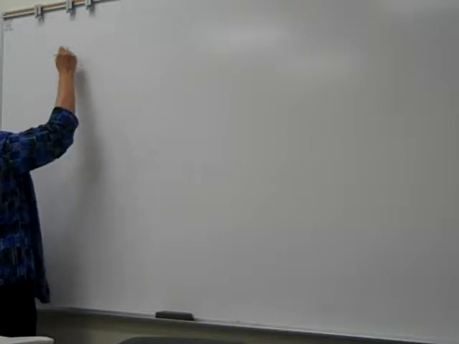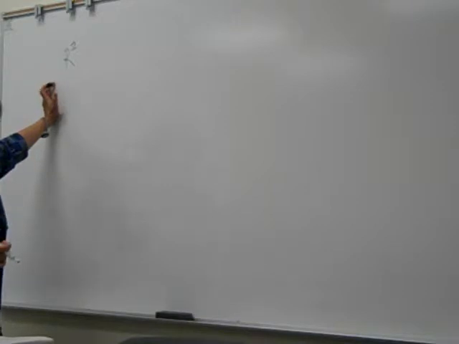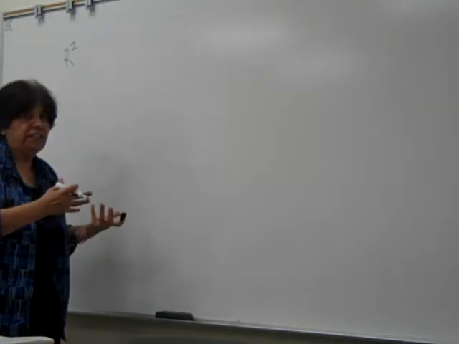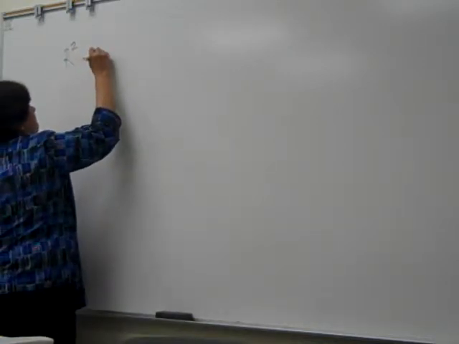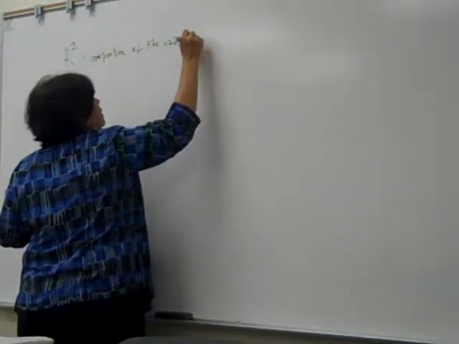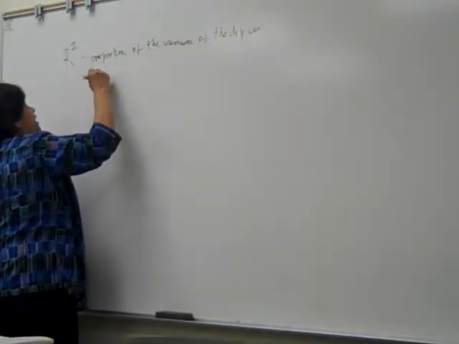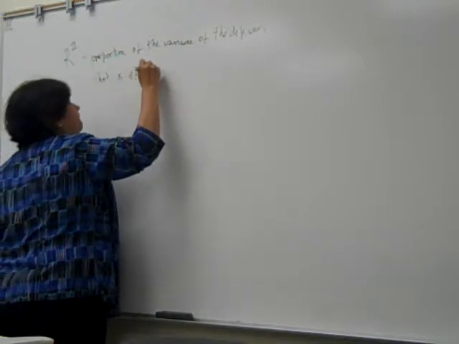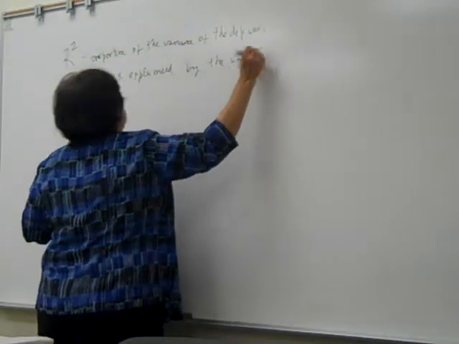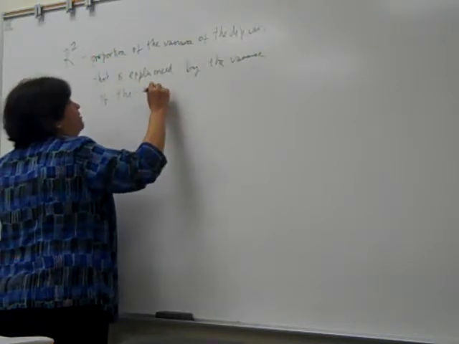The R squared is the same thing that was in simple regression. The R squared is the proportion of the variance of the dependent variable that is explained by the variance of all the independent variables.